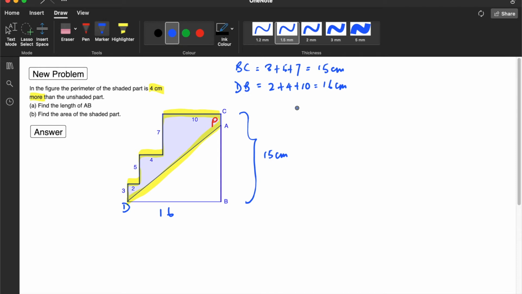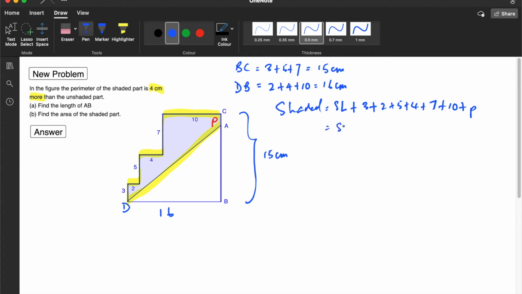If I write it down, the perimeter of the shaded part will be the slant length plus 3 plus 2 plus 5 plus 4 plus 7 plus 10, and then plus the unknown P. We can see that 3 plus 2 plus 5 plus 4 plus 7 plus 10 is all this, so I can simplify that to the slant length plus 15 plus 16 plus P. We don't have to simplify this further because you will see afterwards that some of these numbers will cancel.